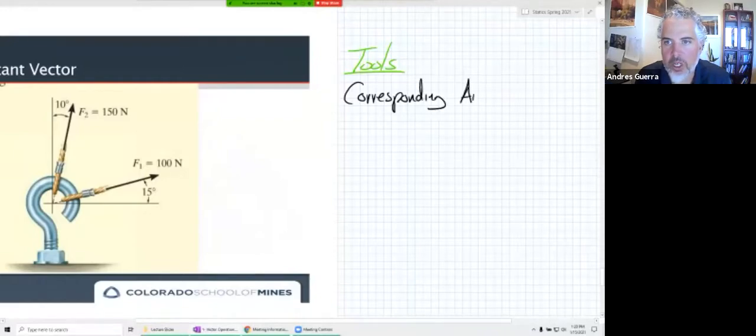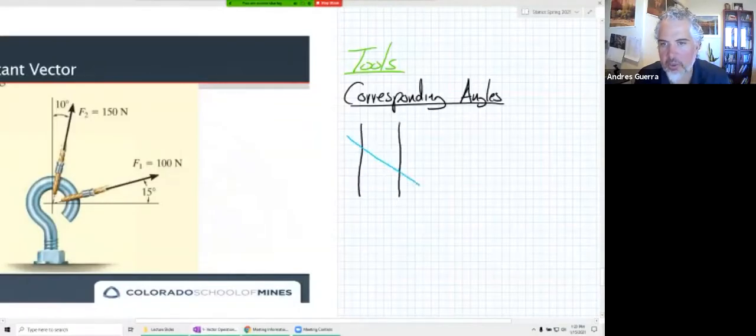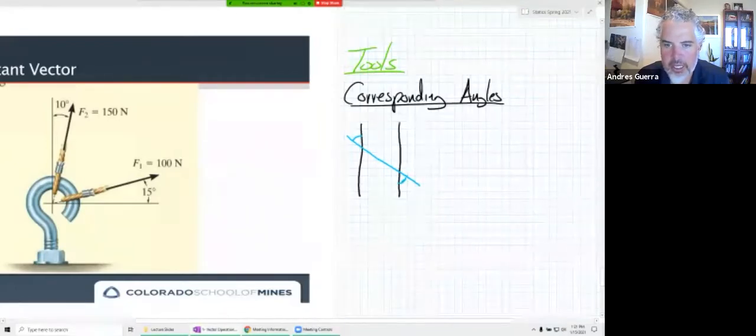All we're talking about with corresponding angles is if we have two parallel lines and then another line cutting through those two parallel lines, well, this angle and this angle down here, those are corresponding angles. And isn't this angle and this angle all the same? So those are all the same angle right there.